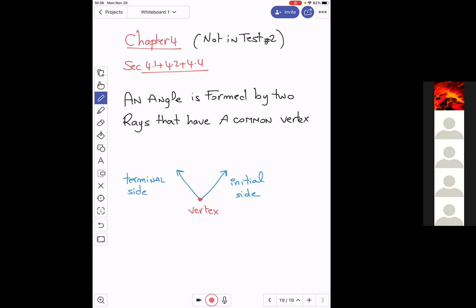You're supposed to go from the initial side to the terminal side, and that will be your angle. So your angle in this case would be this one here. Let's call this angle theta.